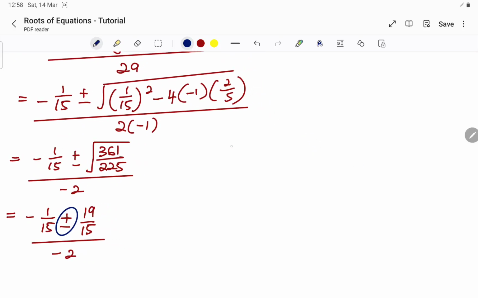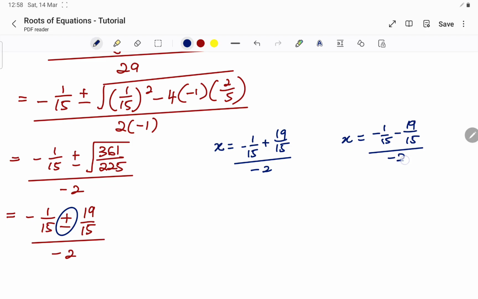It becomes x equal to negative 1 over 15 plus 19 over 15, divided by negative 2, and another x is equal to negative 1 over 15 minus 19 over 15, divided by negative 2.